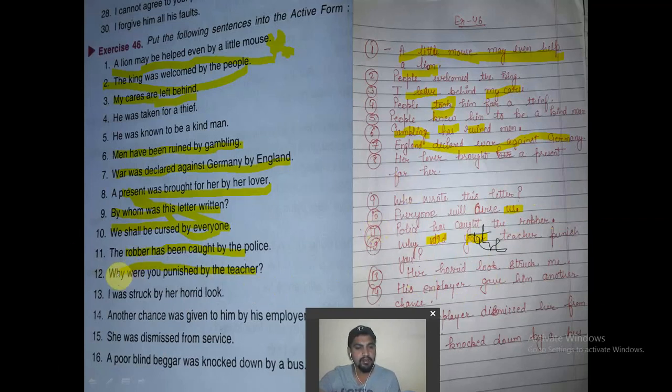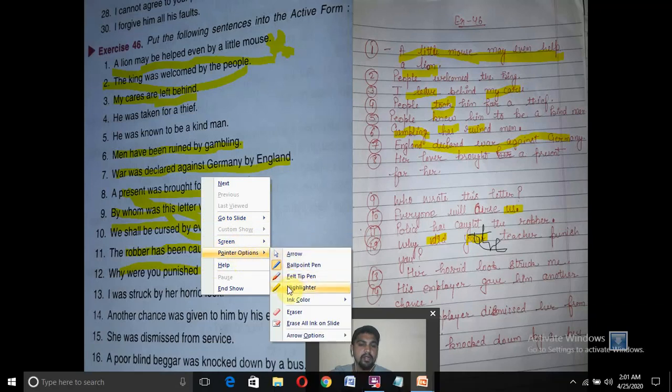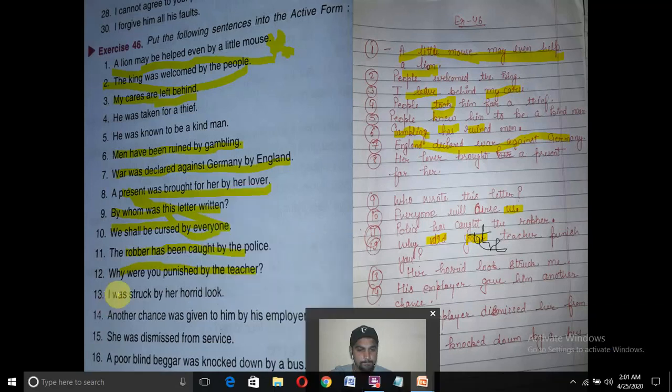Then the 13th question is, I was struck by her horrid look. This is the statement. So her horrid look will come at the first place. We know that. Then was struck is used, so past indefinite. The second form of verb is struck itself. It is the same verb, but that is the third form of verb, and here it is the second form of verb.